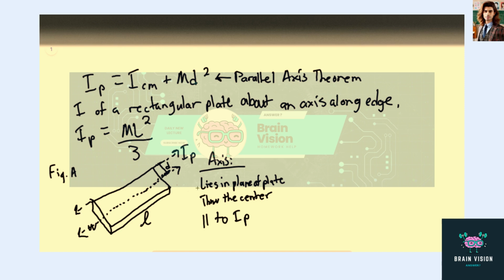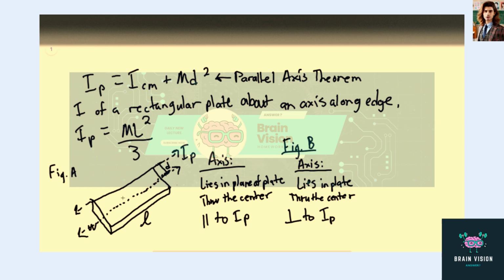And at this point, let's draw the second figure. So figure B would be much like this one, except that here the axis rather needs to lie in the plate. It needs to be through the center. But now here it's going to be perpendicular to the axis along this edge.